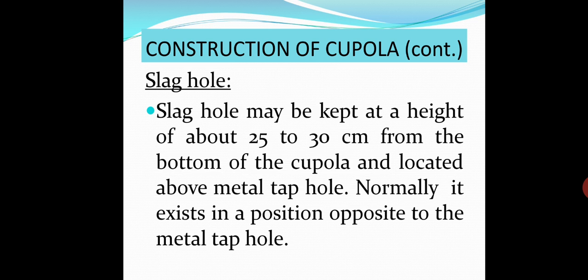So the slag hole is kept at a height of about 25 to 30 centimeters from the bottom of the cupola and located above the metal tap hole. Normally, it exists in a position opposite to the metal tap hole, because through the slag hole, slag comes out.